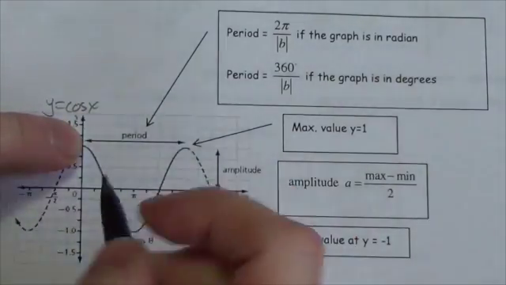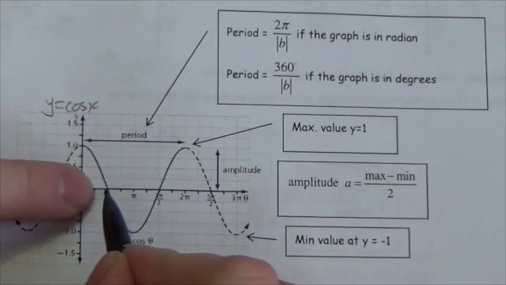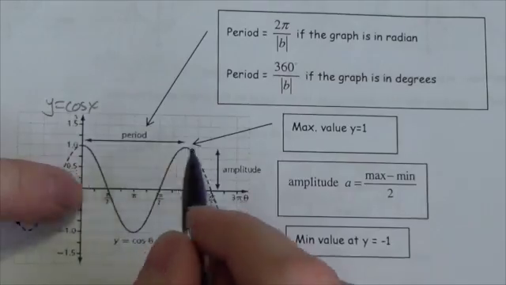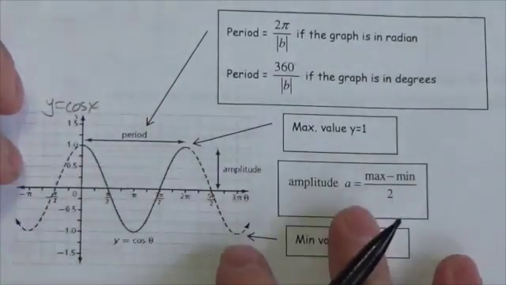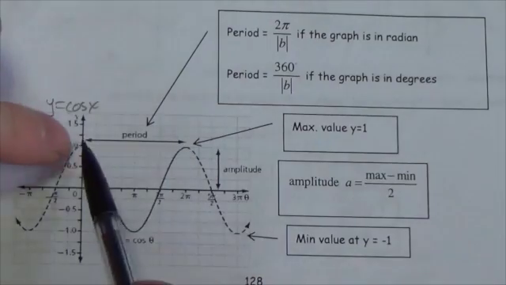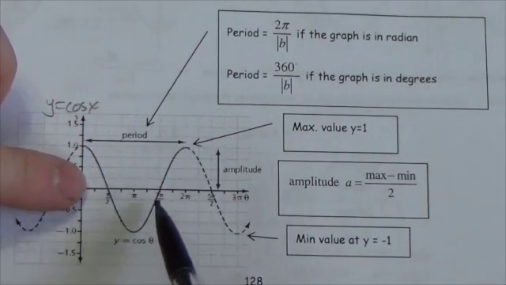And there's got to be these 4 motions to it: from the top to the middle, middle to the bottom, bottom to the middle, middle to the top. There are always going to be those 4 motions in a period on a sinusoidal graph. So if you're ever stuck trying to figure out what the period is, just remember there are 4 motions: top to middle, middle to bottom, bottom to middle, middle to top.